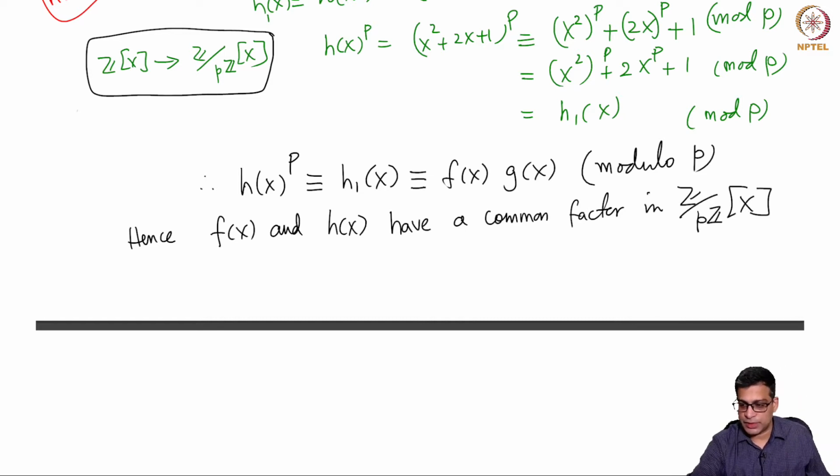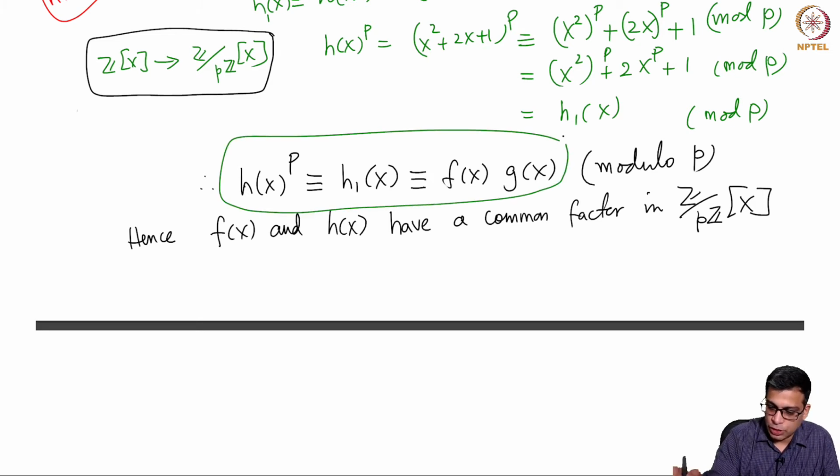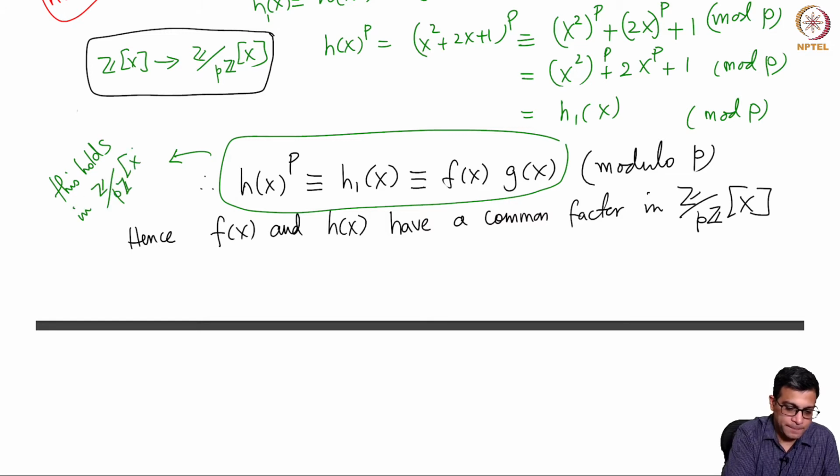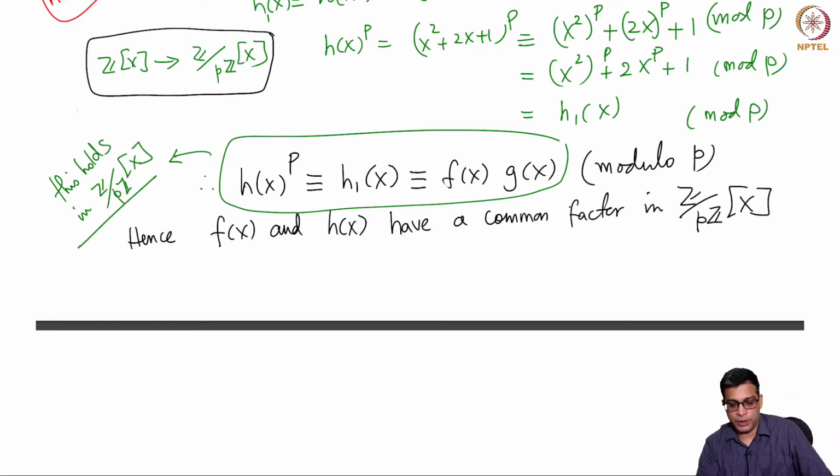So basically what I am saying is that this equation here, if you replace these 3 horizontal bars with 2 horizontal bars and make it an equality, this holds in Z mod pZ[x]. That is the meaning of mod p.